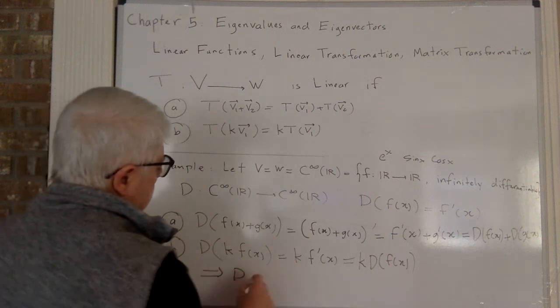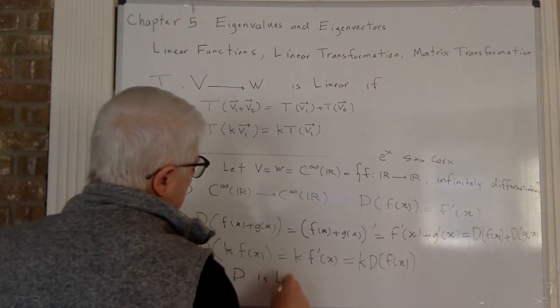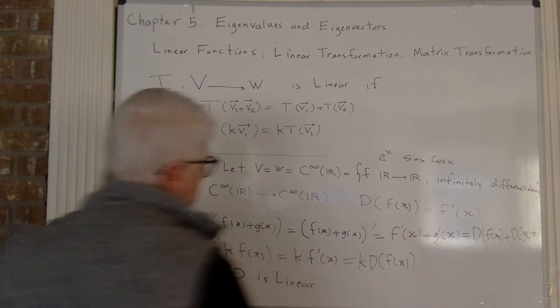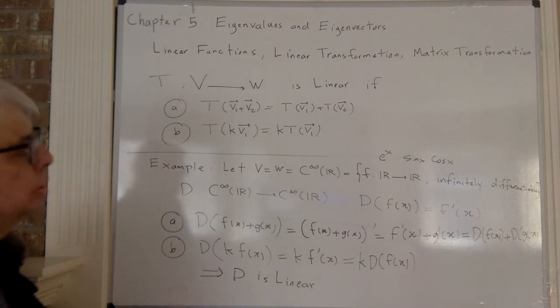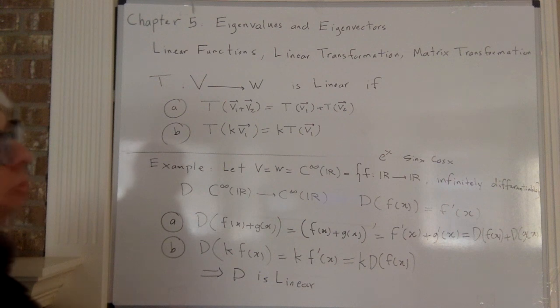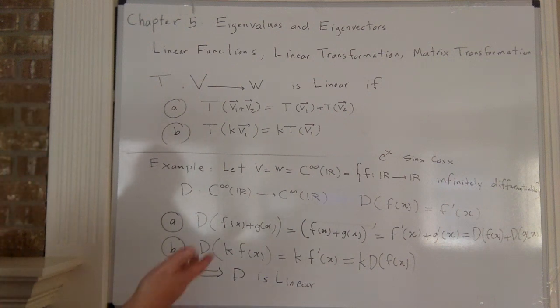D is linear. So the derivative is linear. In the same way, any derivative of higher order, d2, d3, and so on, you can just guess what d2 means. That's f double prime and f triple prime and so on.